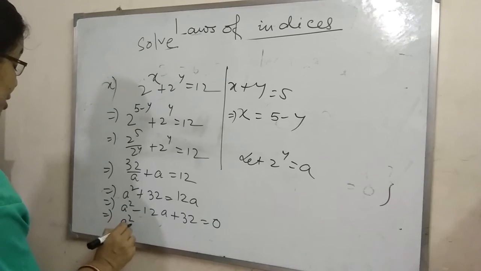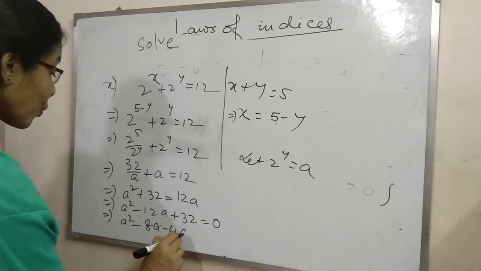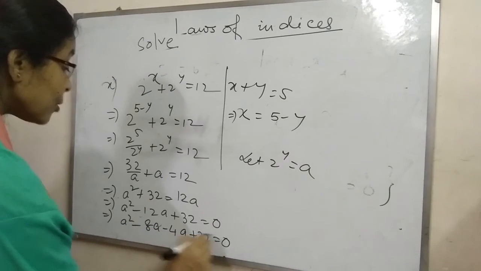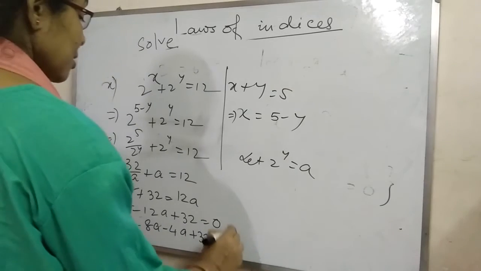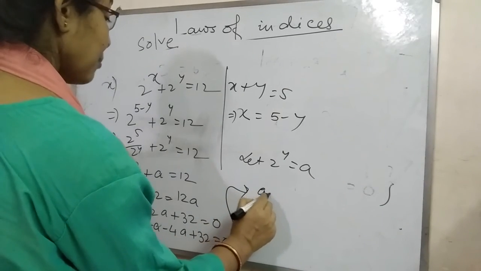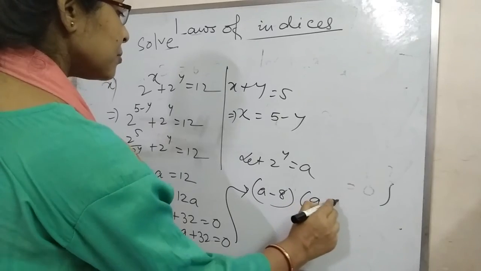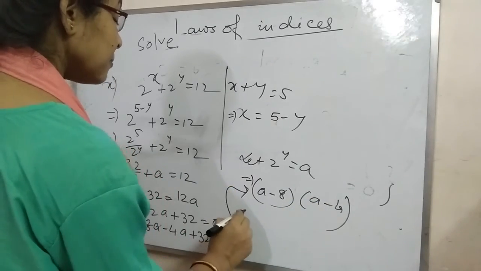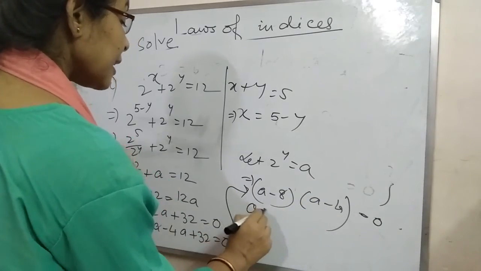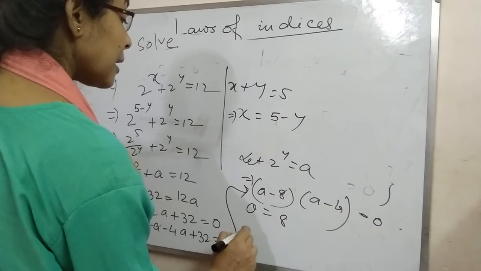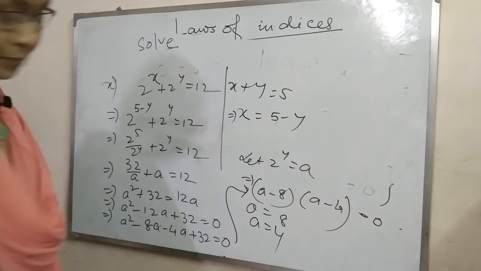This is a square minus 8a minus 4a plus 32 equal to 0. So here I can write a minus 8 and a minus 4 equal to 0. Here a equal to 8 and a equal to 4.